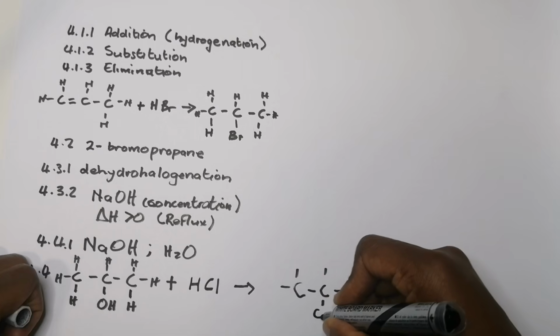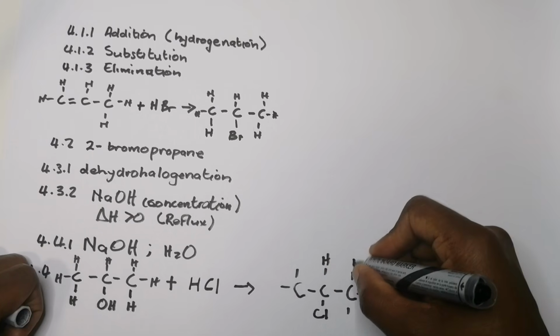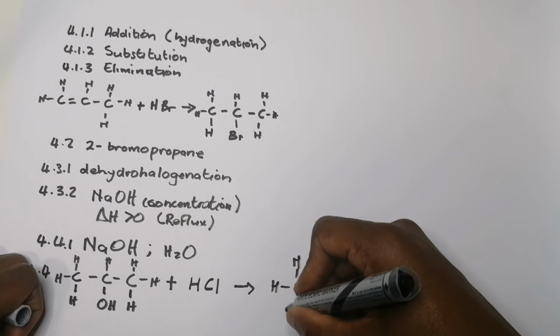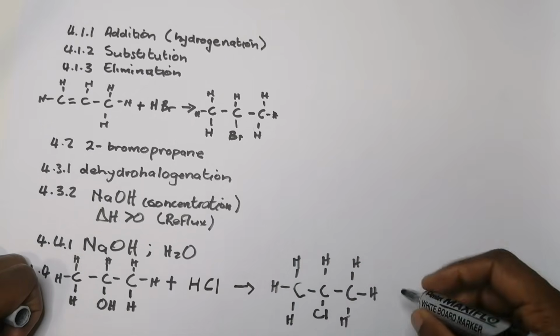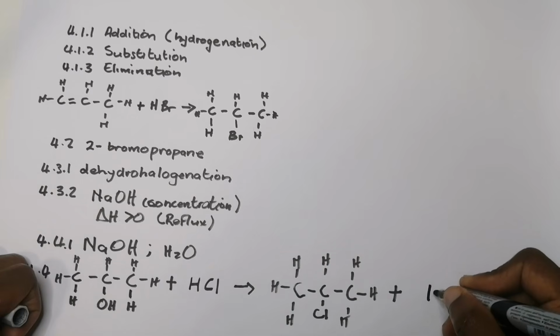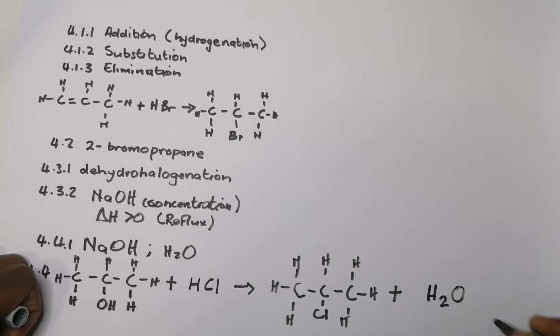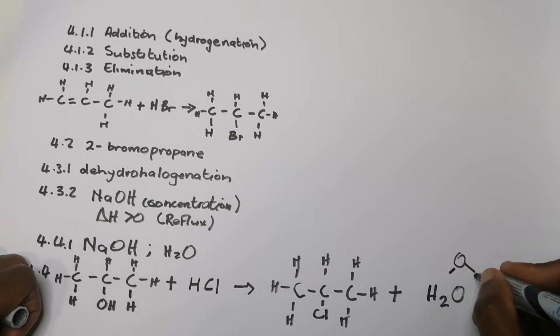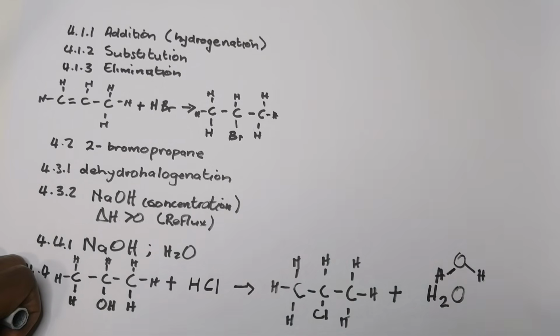So I'd have chlorine over there. Now what's left? You've just taken out OH and added chlorine, so you are left with H and OH. So obviously you would also form H2O, water. It doesn't matter whether you write water in this way or in structural form, which would look something like that.